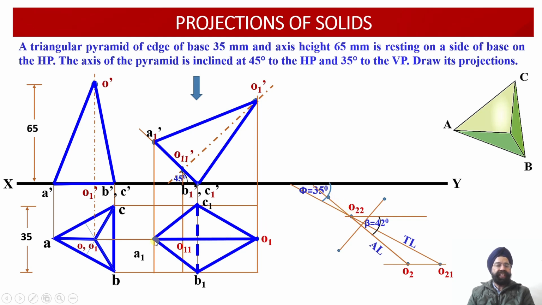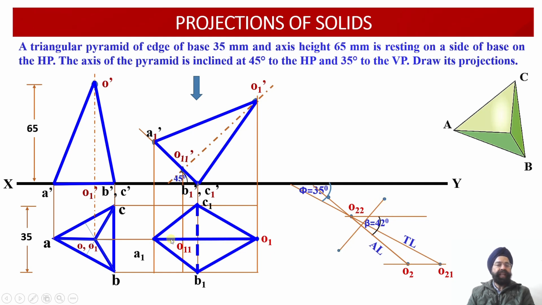This distance is equal to this distance, and again points 1, 2, 3, 4, 5. All the 5 points have been located over here using rectilinear distances. So we have used the principle of rectilinear distances to locate all of these 5 points.